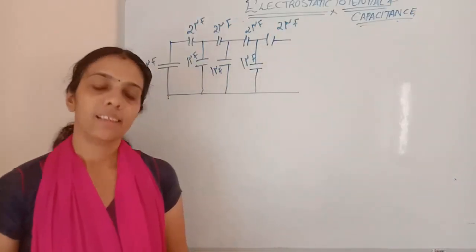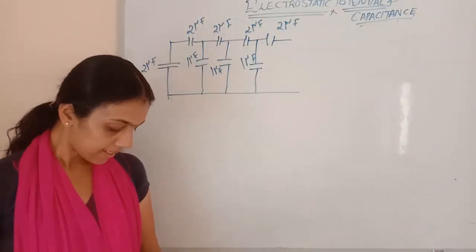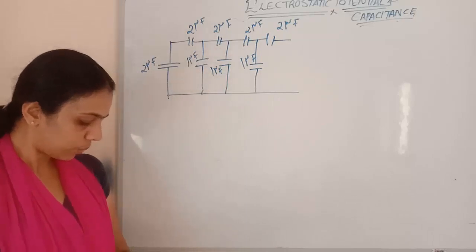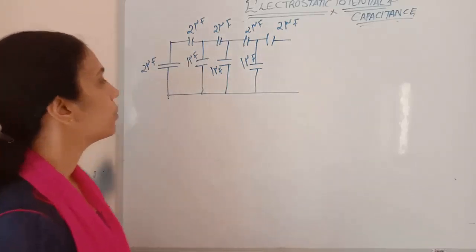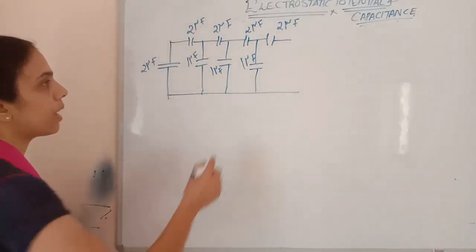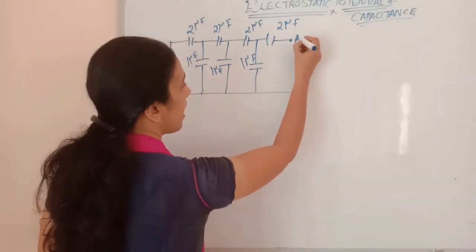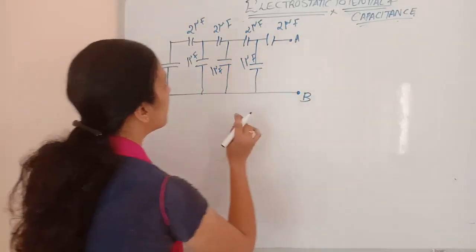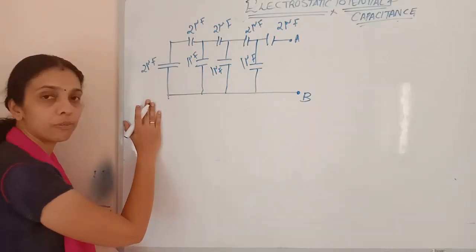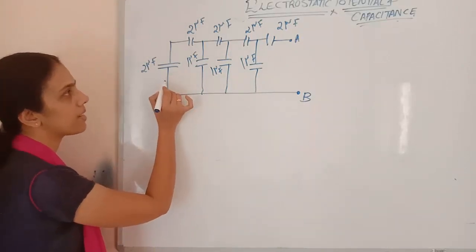Clear? Next is to find the capacitance of the combination between A and B. Here A and B are not marked, so this is A and this is B. First you should consider from one end, so I am starting from here.